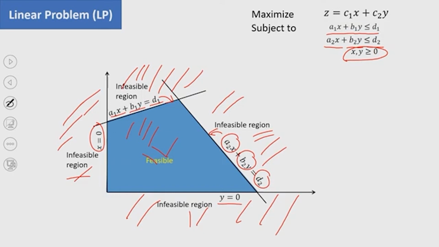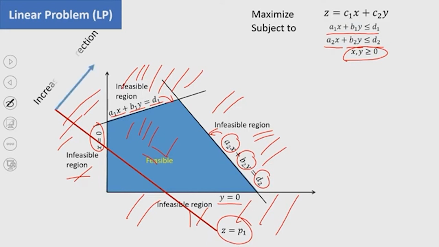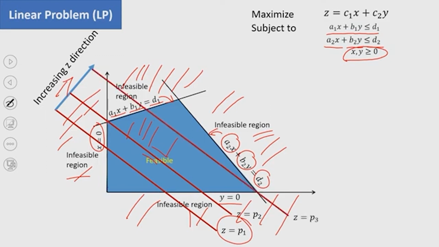Now, if I take any value of z, suppose z = p1, and I draw this particular line, I get z = p1. If I increase the z value, this is the increasing direction, and this may be one line where I get one solution, or there may be other solutions also.